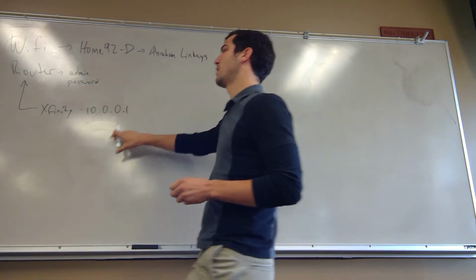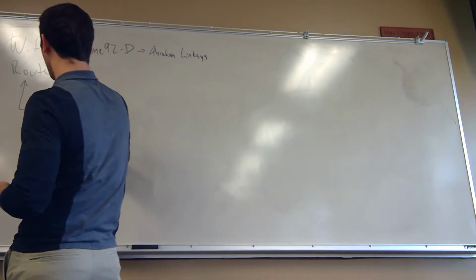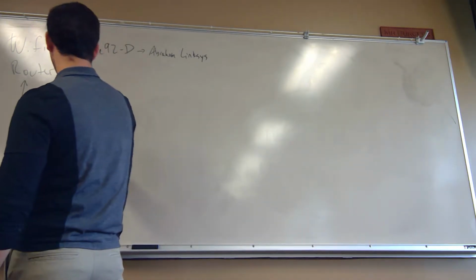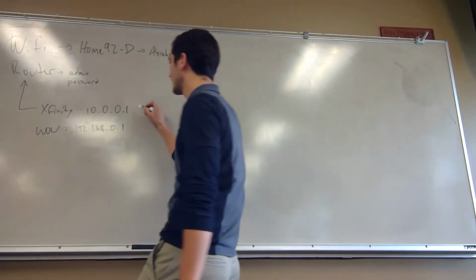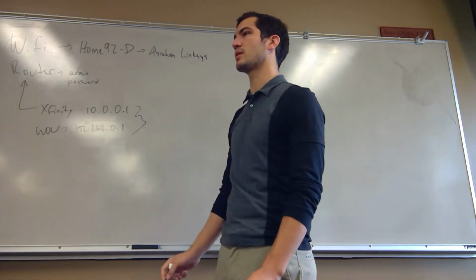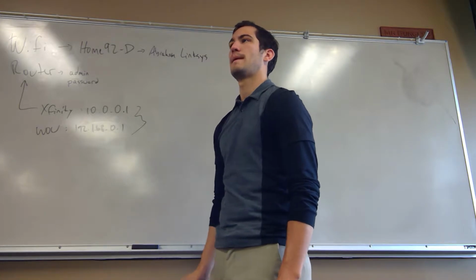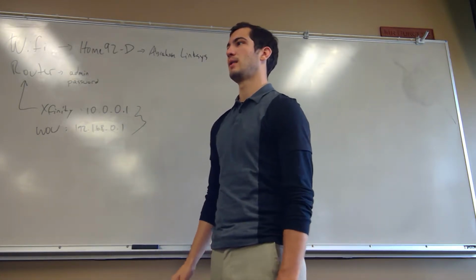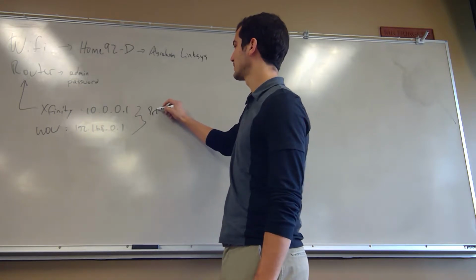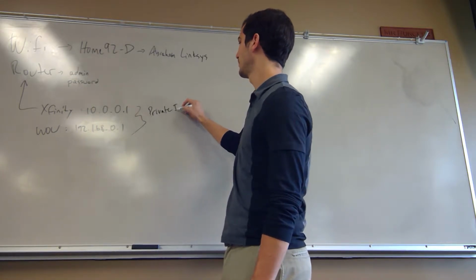So this, WOW, is, I think, 192.168.0.1. You guys recognize these? What are they? Binary code. No. The IP. They're private IP addresses. AT&T looks the same.